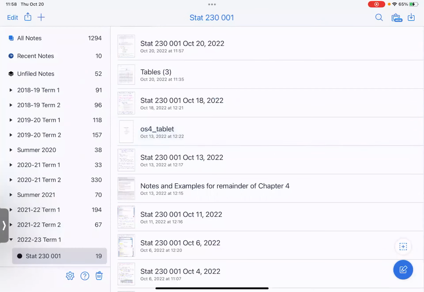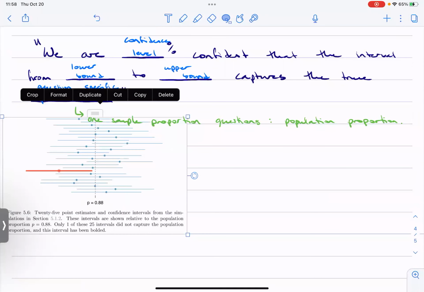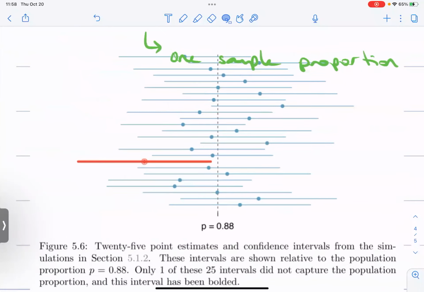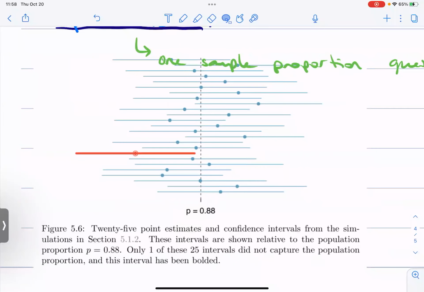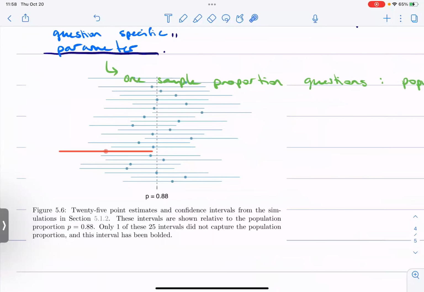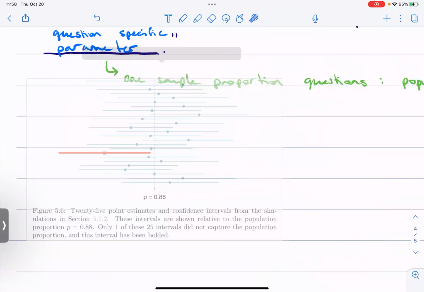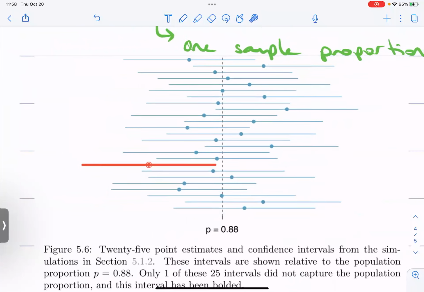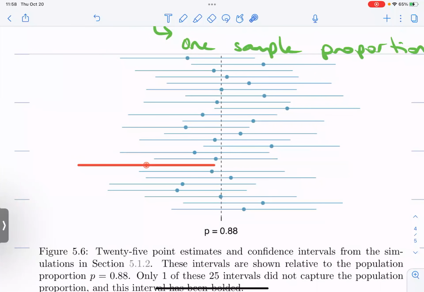So this is really just to illustrate what would happen. And I'll just keep it kind of small here and zoom in instead. Because it's just to illustrate, right? You don't have to copy this down, but figure 5.6 from the textbook. What they've done is they've taken that scenario where we pretend to know the population proportion, right?